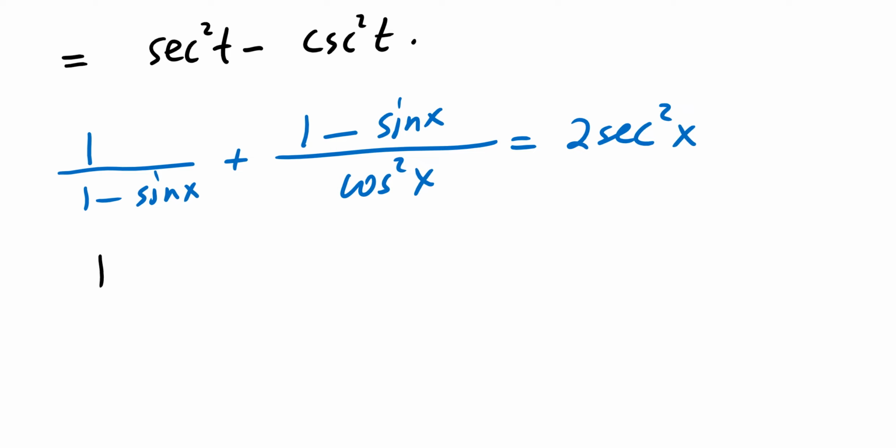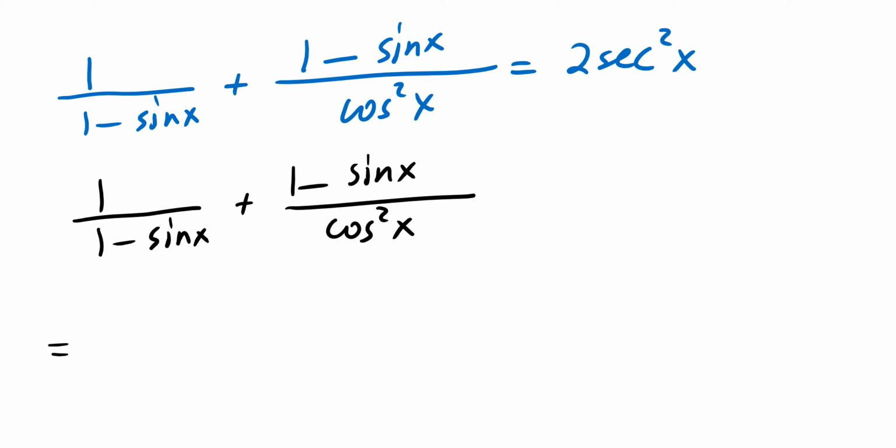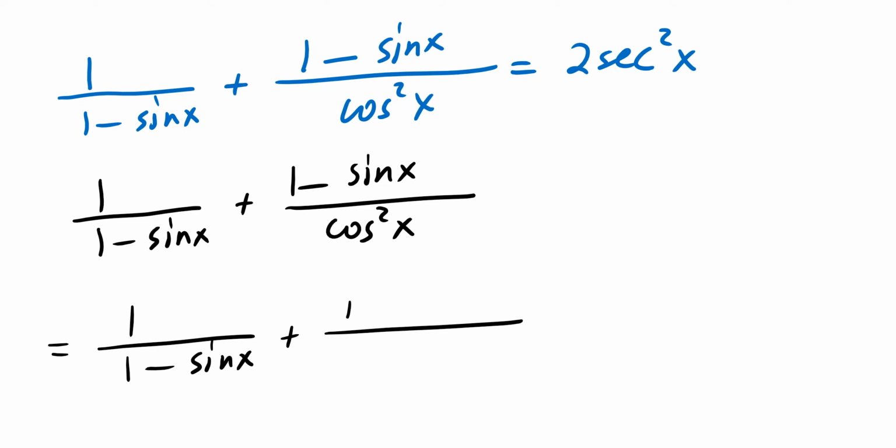And there are so many ways to work with the left hand side. I'm rewriting first. One thing I'm thinking about is converting the cosine squared into 1 minus sine squared. That's one way to do it.